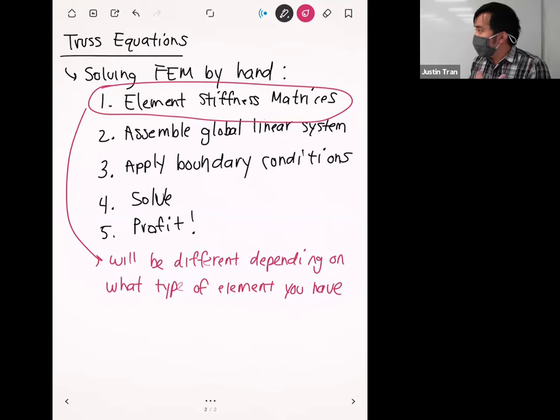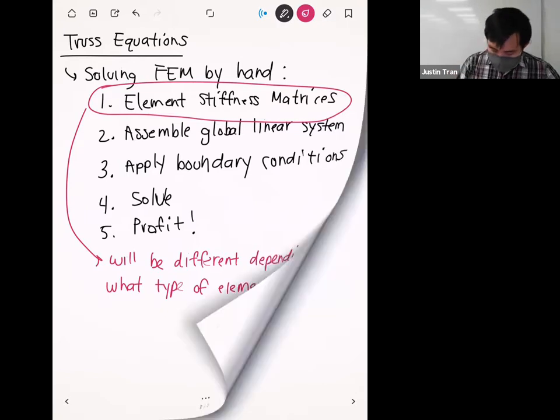The only thing that's going to be different between each of our different element types is step one. Once you're done with step one, the rest of the problem follows the exact same process. And so we'll do a few examples today that illustrate that concept. All right, so are there any questions on this? This is just a recap from last week.